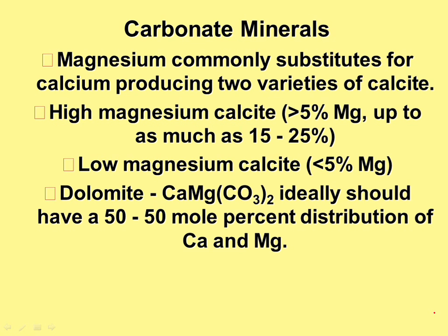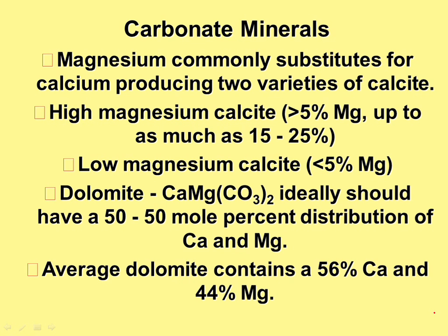Dolomite, another carbonate mineral, has the formula that's given there, and you can see the calcium and magnesium in the structure. Ideally, in a theoretical sense, it should contain 54% calcium and magnesium. In reality, in nature, the average dolomite is somewhat unbalanced with respect to the theoretical ideal, with about 56% calcium and about 44% magnesium in structure.